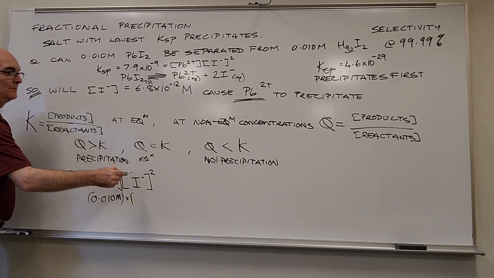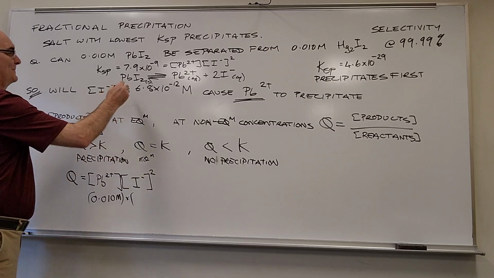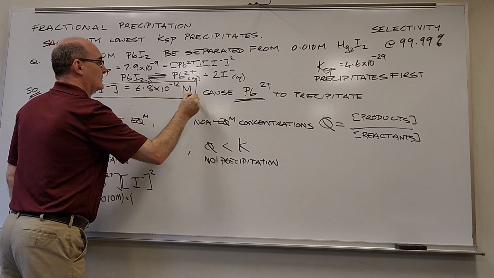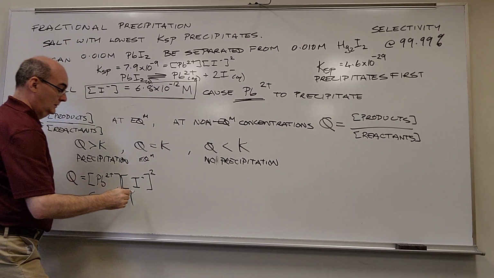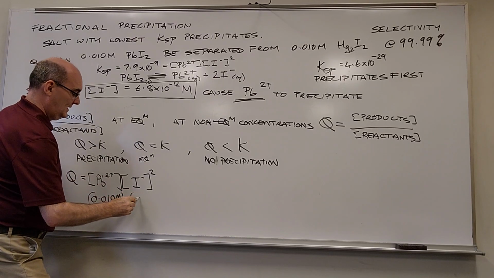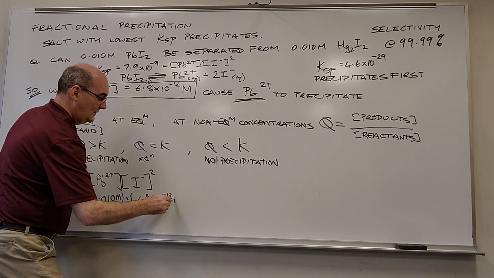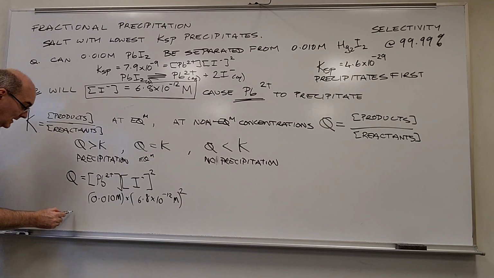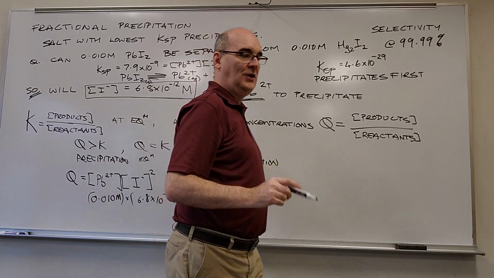And for iodide, didn't we just find that? Yes, we did. Is it still on the board? No. There it is. It's hiding. In our special case, this is 6.8 times 10 to the negative 12 moles per liter. And I'm going to square that. Okay? So find out what the value of Q is.